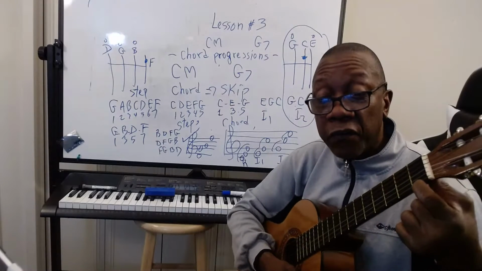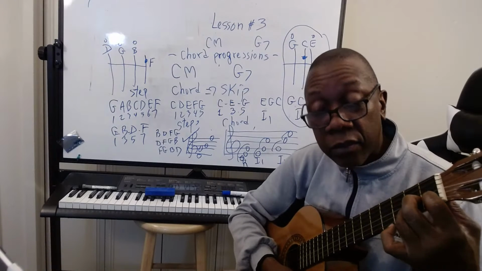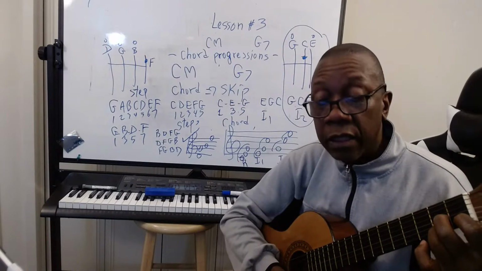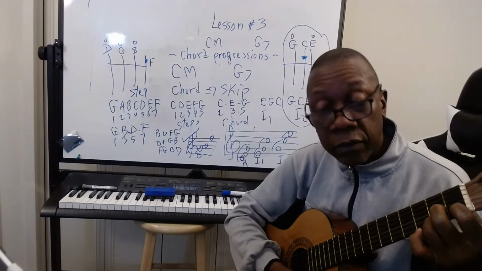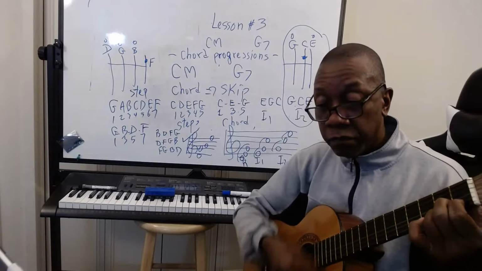If I put the first finger on the second string and use two fingers on the third and fourth string of the second fret, that's an A minor.